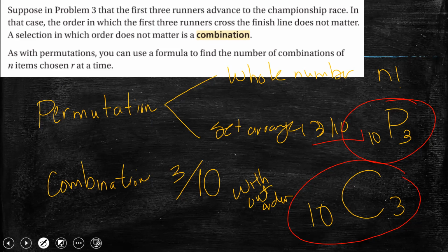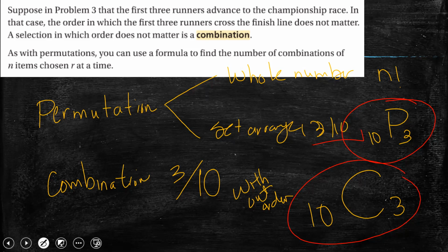Any first 3 girls touch my hand, so I will use the combination. But if I say, stop, Rose is the first, Haneen is the second, Ragad is the third, I will use the permutation. So for permutation order is important, for combination order is not important.